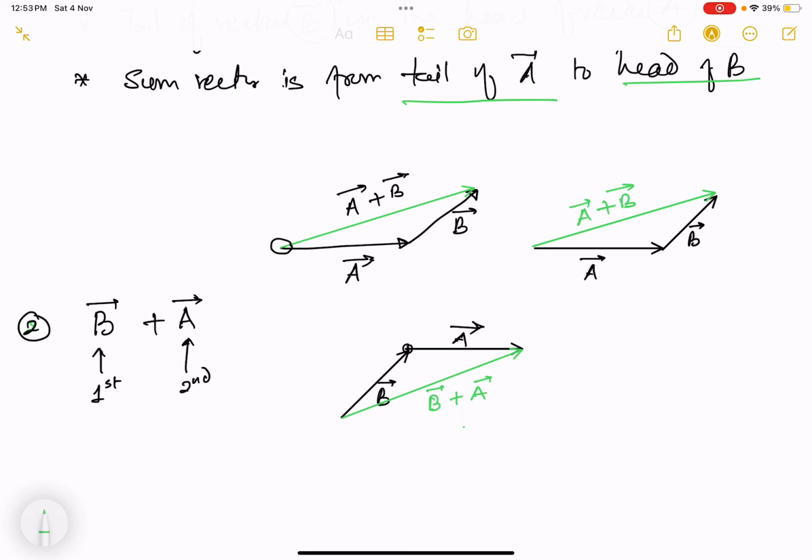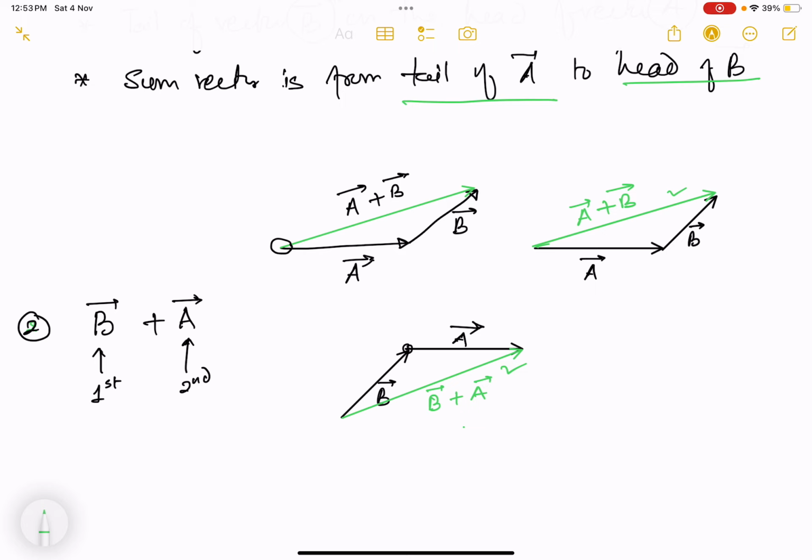Okay? Now you can see that this vector and this vector, they are the same. They are equal in their length, and this vector and this vector, they are both green ones, they are the same, equal in length, and they are pointing in the same direction.